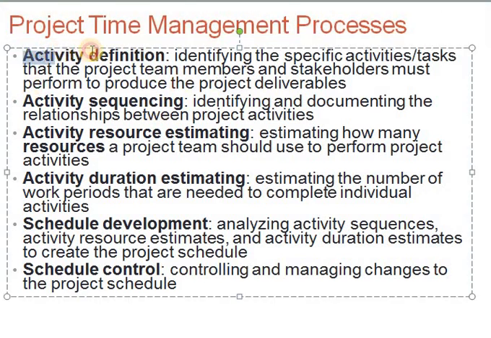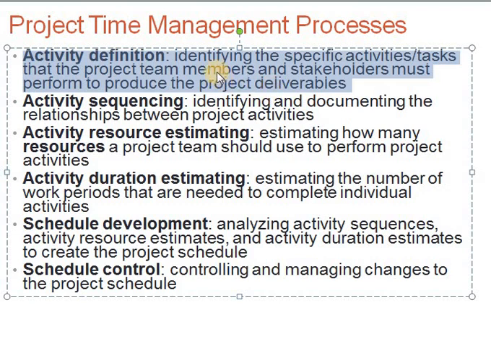So the first process that we will consider here is activity definition: identifying the specific activities or tasks that the project team members and stakeholders must perform to produce the project deliverables.